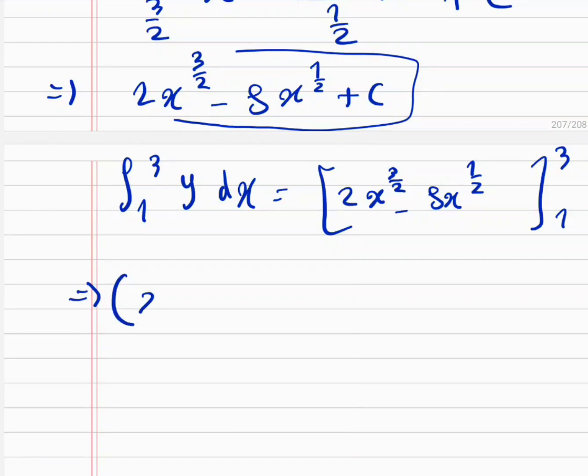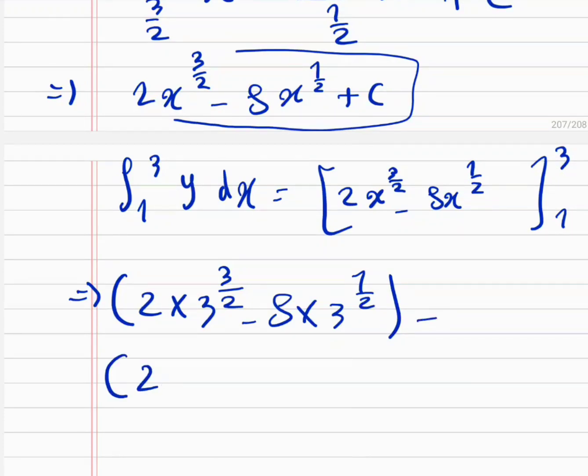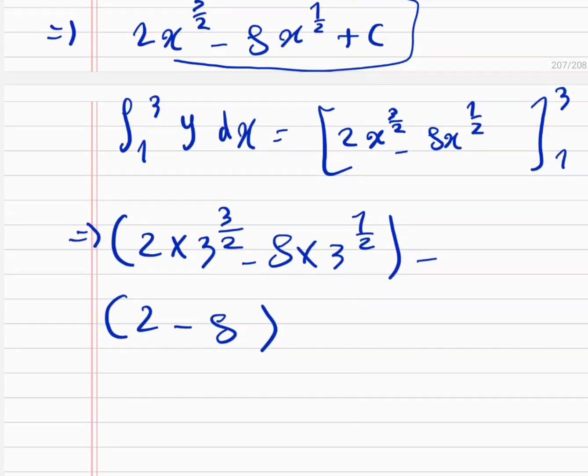So this becomes 2 times 3 to the power of 3 over 2 minus 8 times 3 to the power of a half, minus, so we always take away the lower limit substituted, which is just 1, so it's just 2 minus 8 in this case. And now it's all about just calculating that.